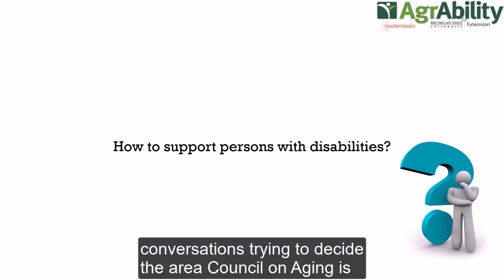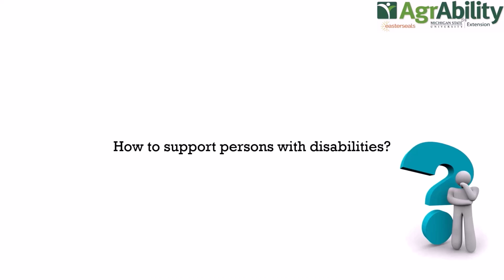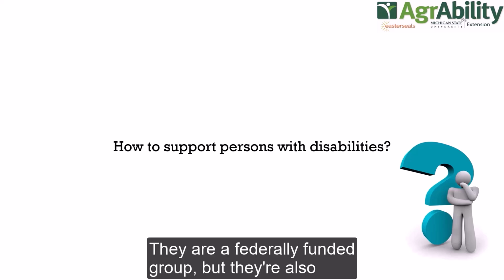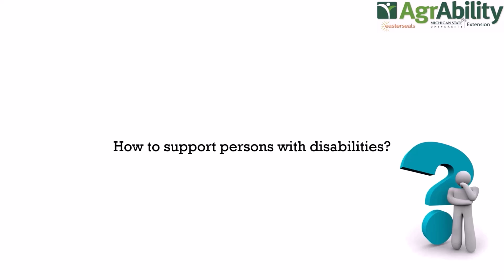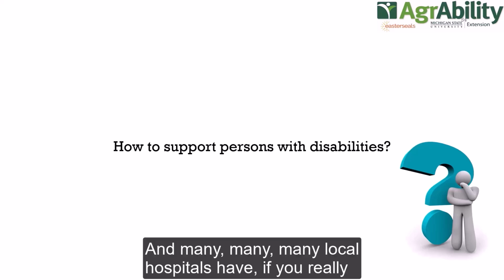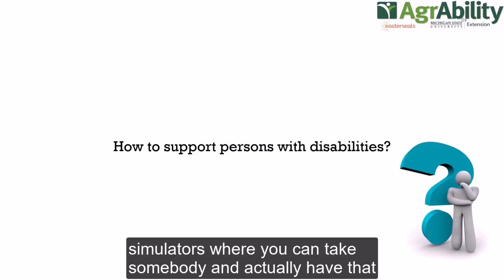The Area Council on Aging is in most communities. They are a federally funded group, but they're also supported at your state and local level. And many local hospitals have drive simulators where you can take somebody and actually have that simulated.